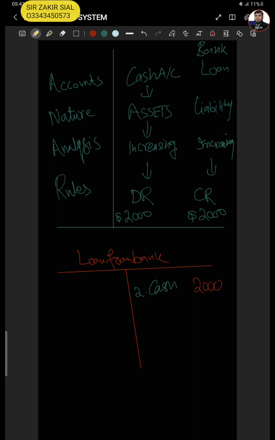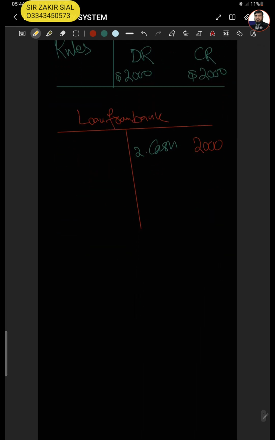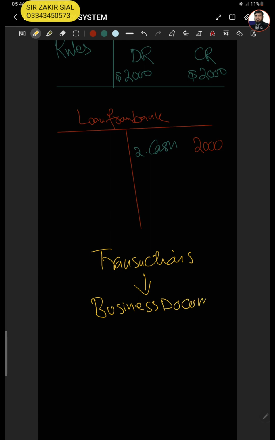For further practice, the next step we will cover in the next class, in which the complete process of the double entry system will be explained. First of all, there are transactions. Through transactions, some business documents are prepared, which we will discuss in detail.